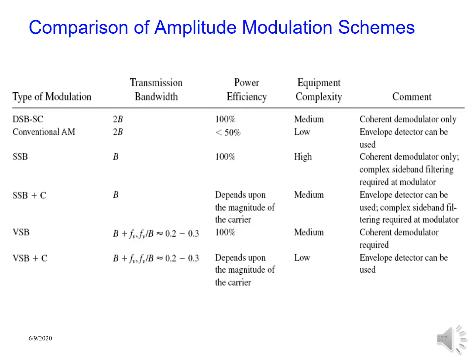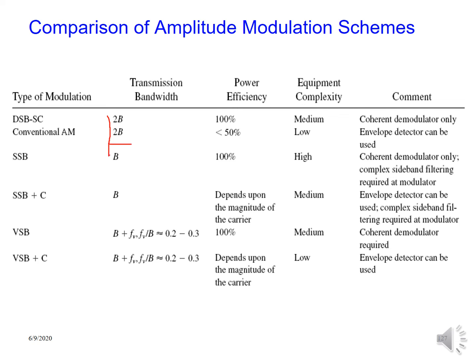Alright, so we are going to conclude the types of modulation: DSB, conventional AM, SSB, and this one SSB plus carrier. VSB we also have in the slide, but we are not covering it in our syllabus. This is the difference in transmission bandwidth.